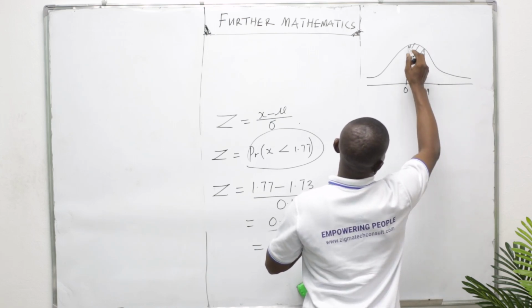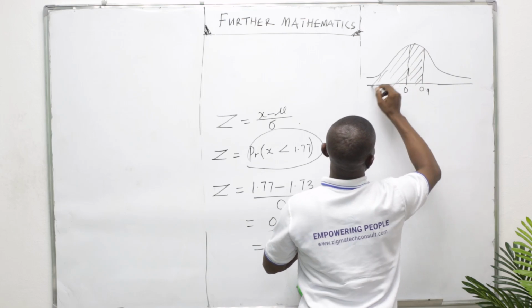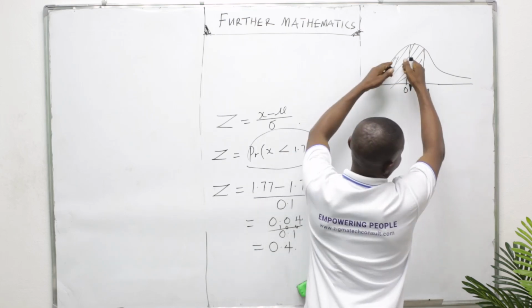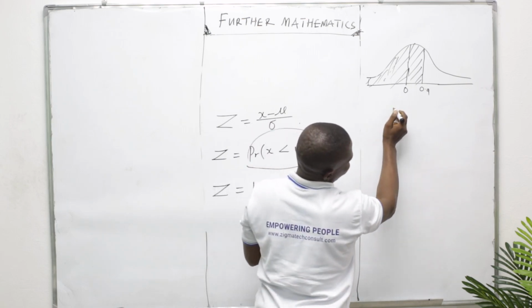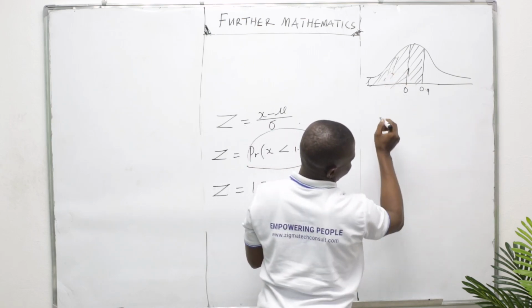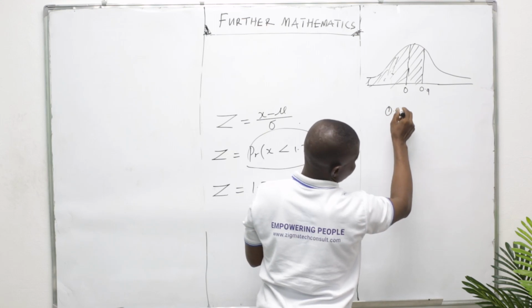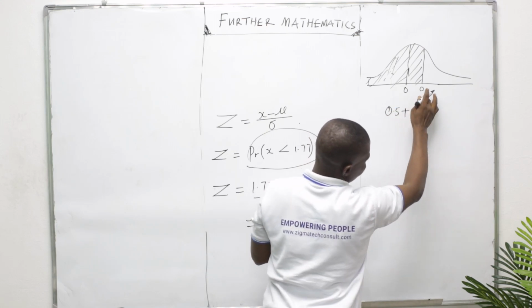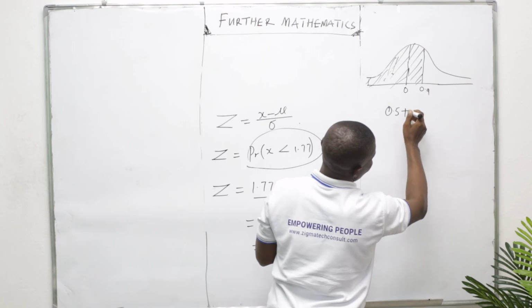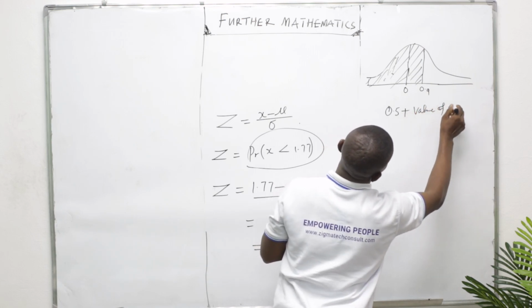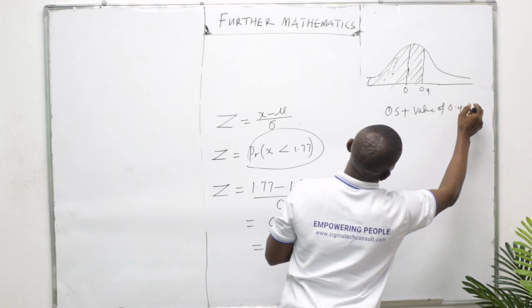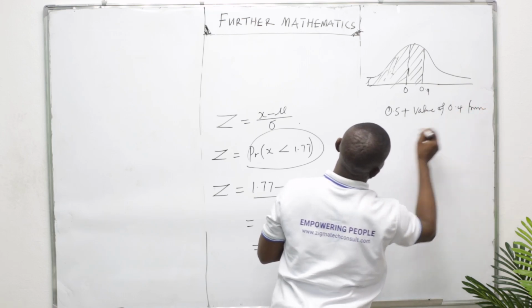So since this is greater, you can see every other here is included. So to get our final solution, this part 0.5, which is half, plus the solution from table, that is plus value of 0.4 from table.